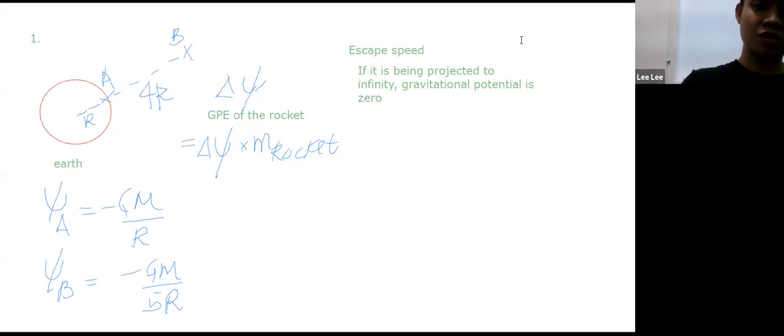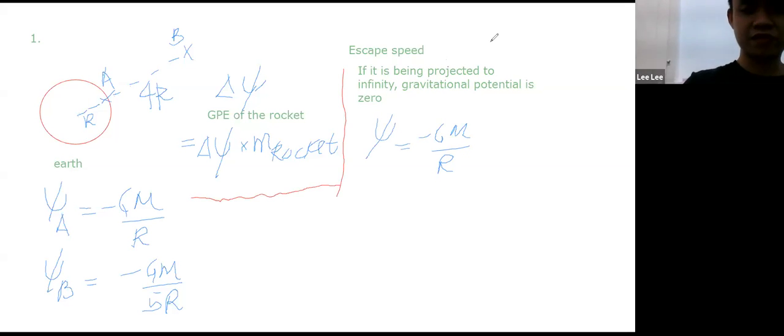The initial gravitational potential just now, how much is it at the surface of the Earth? The initial is negative GM over r, right? So when I say the change, how do you find the change in this case? I take the final, which is 0, and the initial is this.